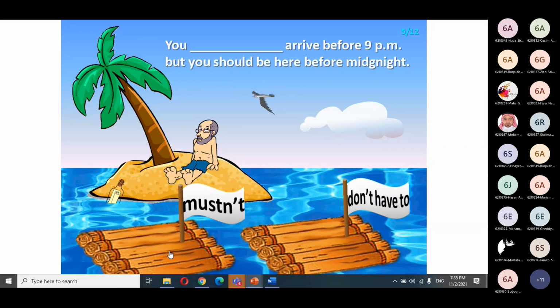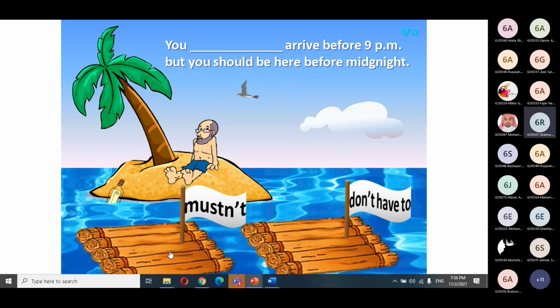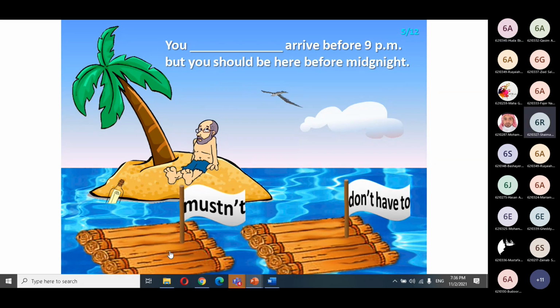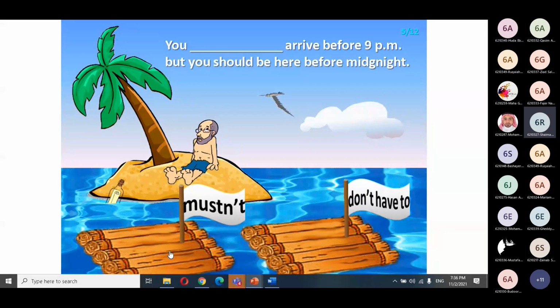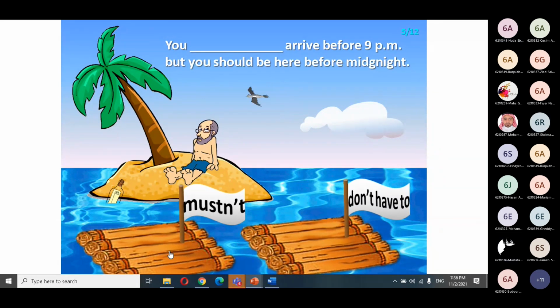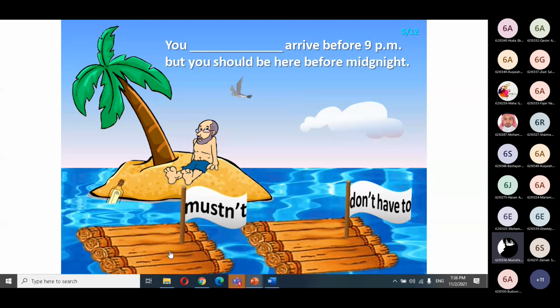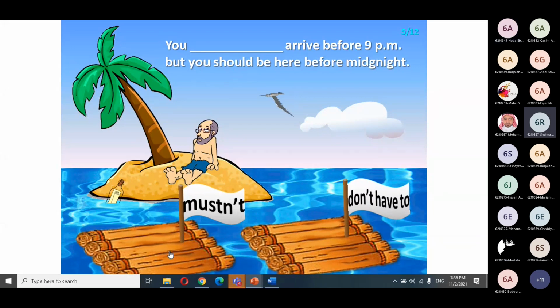You arrive before 9 p.m. but you should be here before midnight. You don't have to. يعني مثلا انت بتقول لهم في البيت انا خارج. اوكي بقول لك you arrive before 9 p.m. but you should be here before midnight.